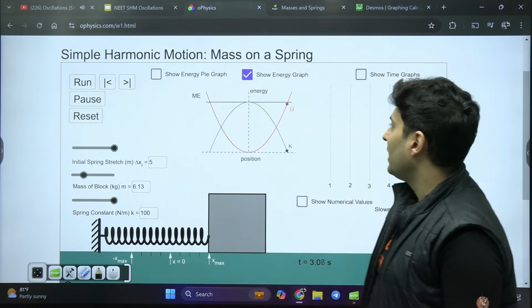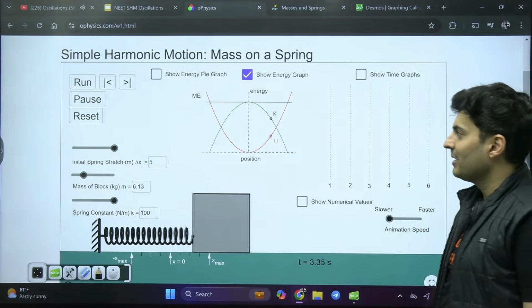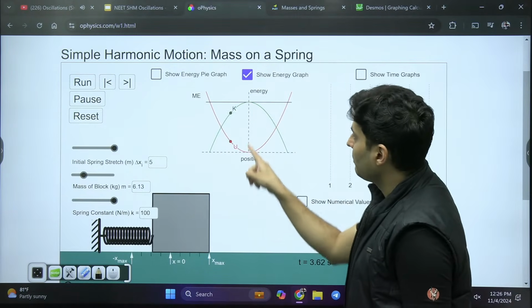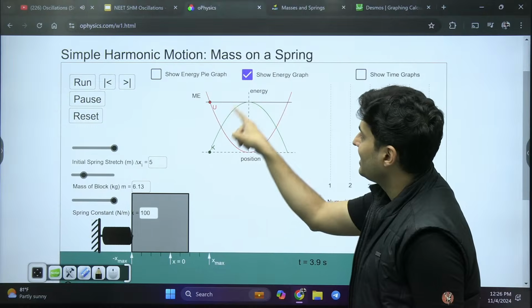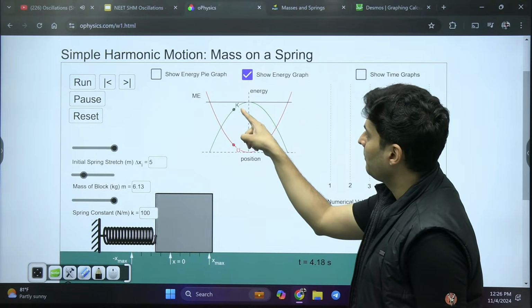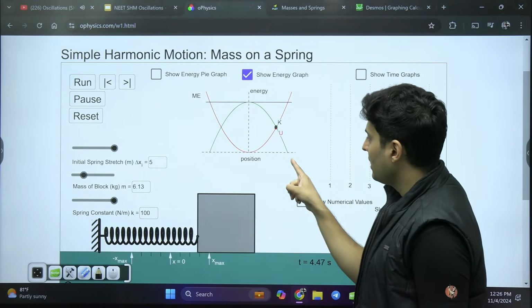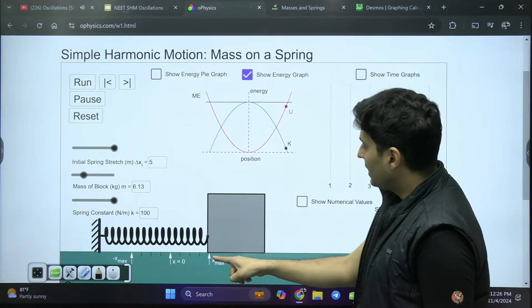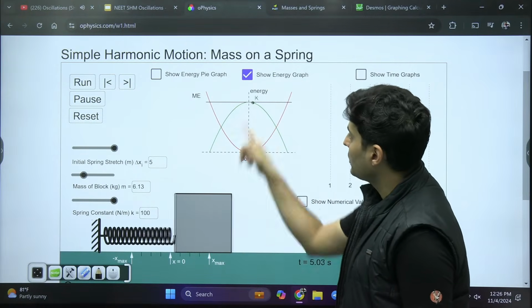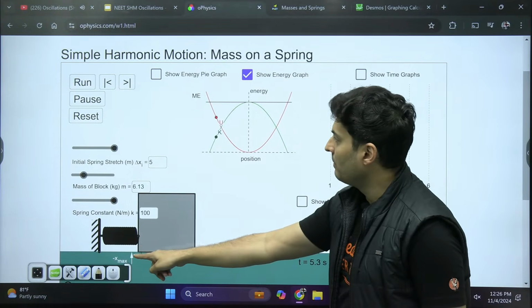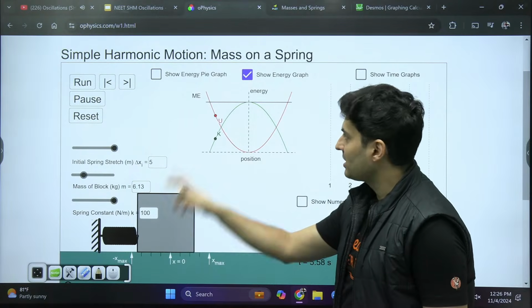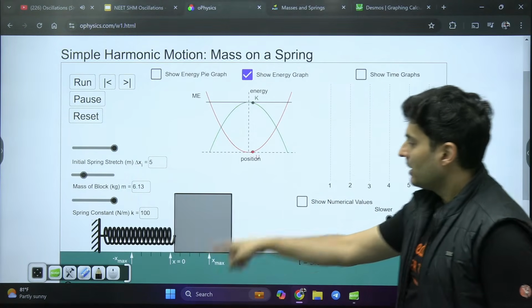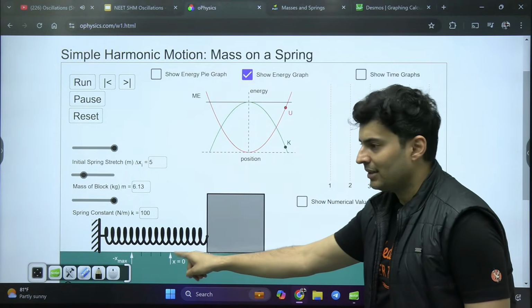We can also see the energy graph over here, which is very interesting. When it is at the mean position, the green graph, which is kinetic energy, is maximum. See, maximum kinetic energy. When it reaches the extreme, it is 0. Again, mean position maximum. Again, minimum kinetic energy because it stops. Potential energy wise, here the spring is at natural length.